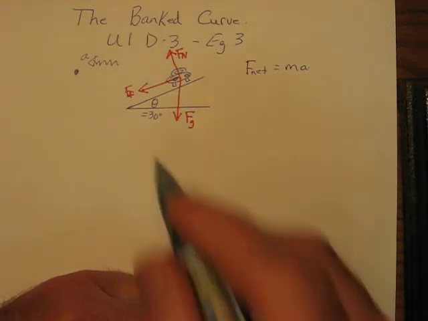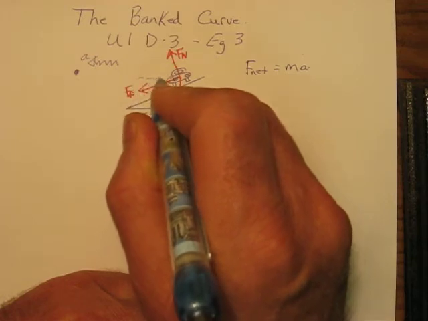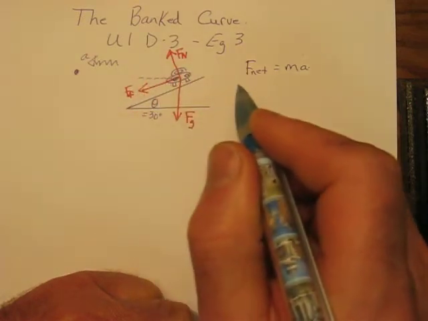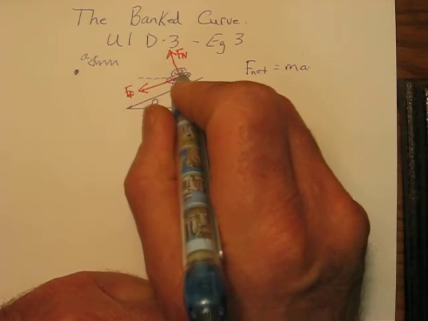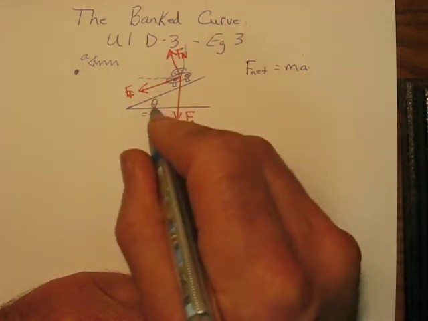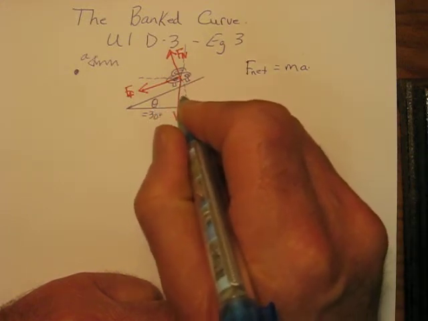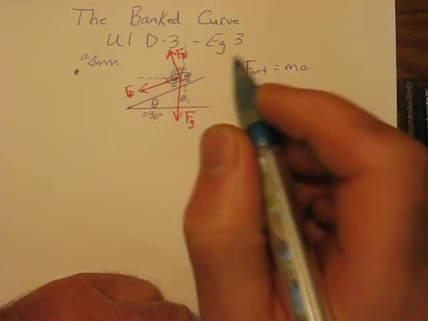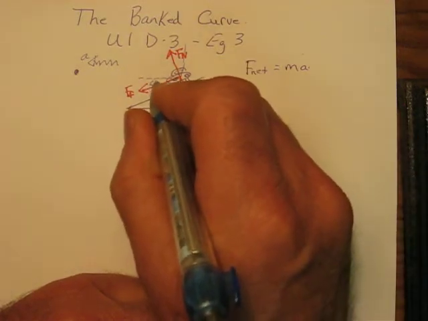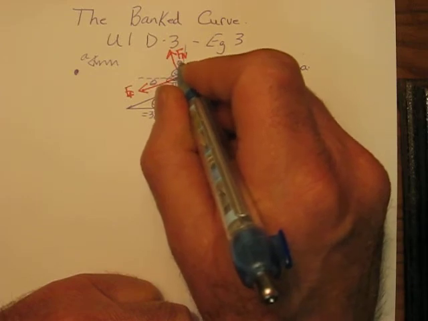Well, it's very helpful here if I go ahead and mark in some horizontal and vertical lines here. And it's helpful if you recognize that this angle theta, the angle of the incline, is equal to this angle right here. That's theta. But so is this. This is also theta. And this angle up here is also theta.